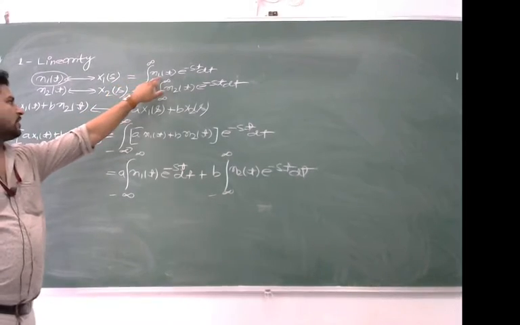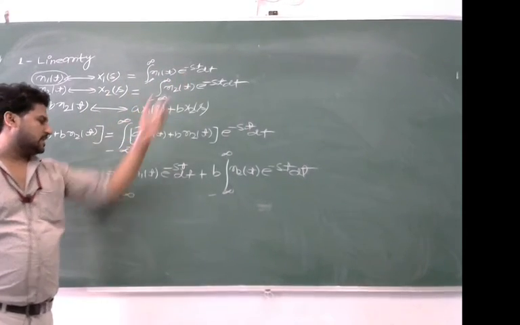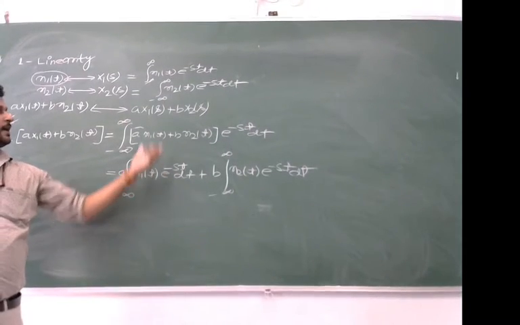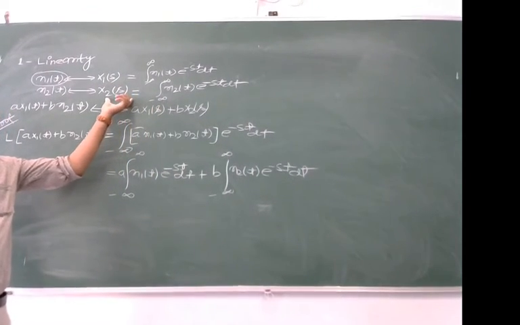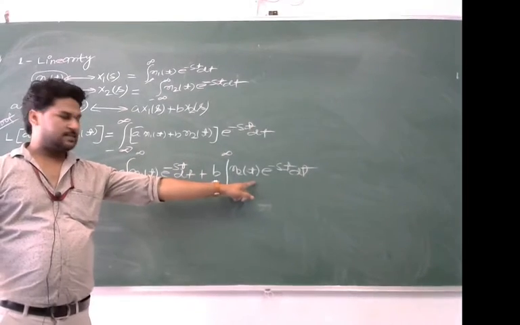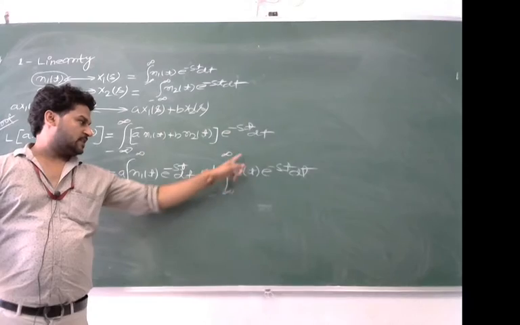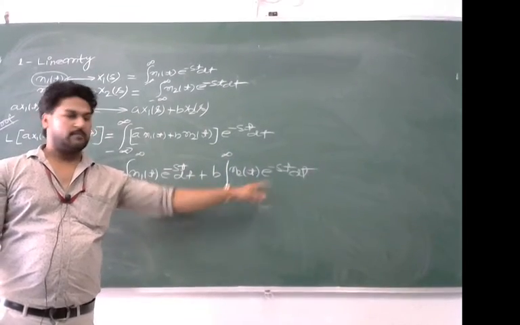X1 of s is equal to the integral of x1 of t into e power minus st, same as this, and the expression for X2 of s is the same as this, the integral from minus infinity to plus infinity of x2 of t e power minus st dt.